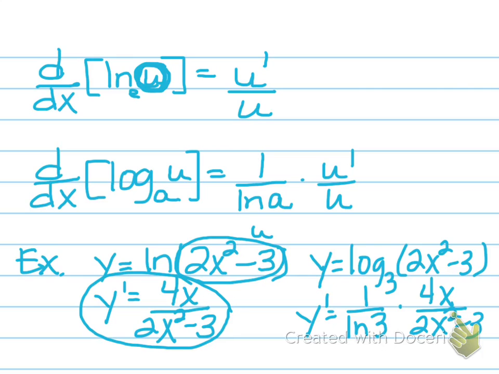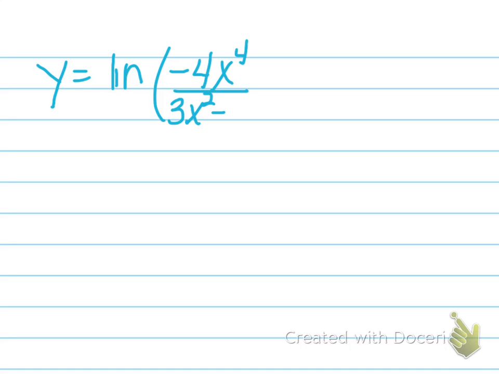Okay, so let's say you have the function, the natural log of negative 4x to the 4th over 3x squared minus 7 to the 5th power.